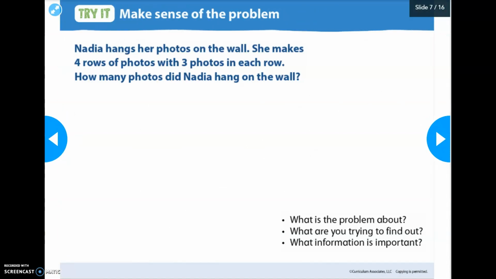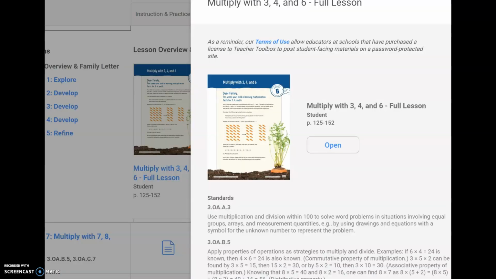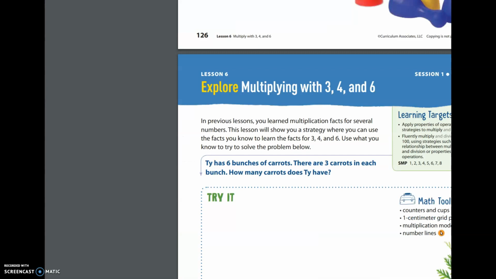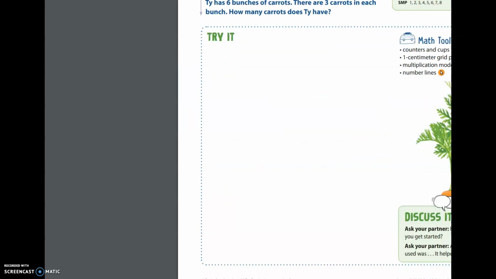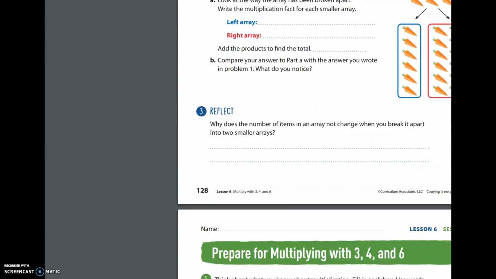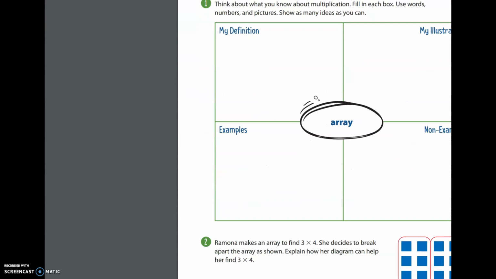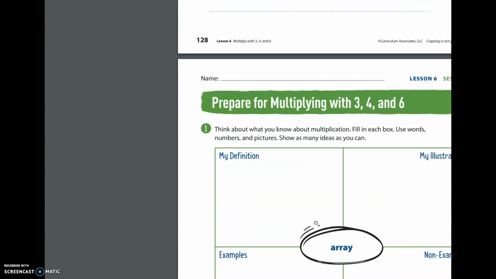Okay, let's look at your page. See, so we did pages 127, 128 together. Let's go ahead and fill out the beginning part of page 129.